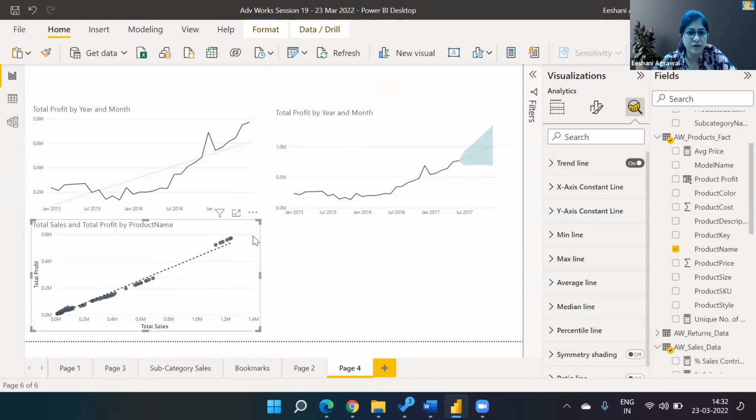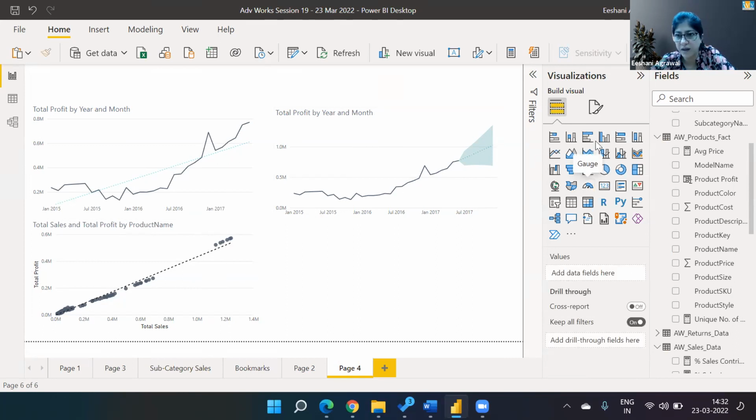Right, and let's move on to the last chart that was there, which was an area chart. What's the purpose of an area chart?